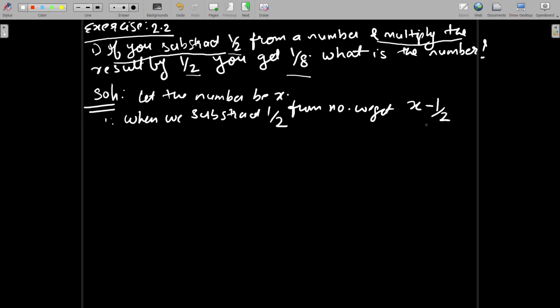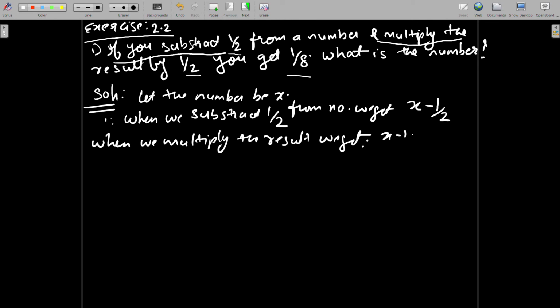So when we multiply the result by 1 by 2, we get x minus 1 by 2 as the expression, and we are multiplying this result into 1 by 2.